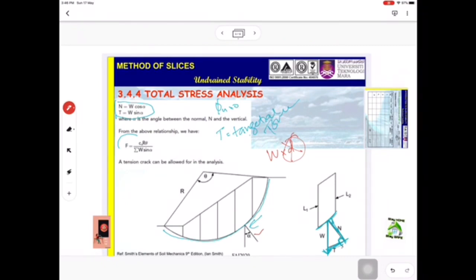Okay, so still the same, W must be at the center of each slice. So W1, W2, W3, W4, W5, and W6. So how to get alpha?